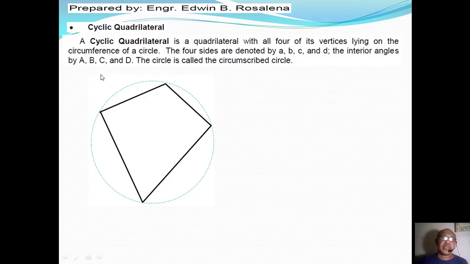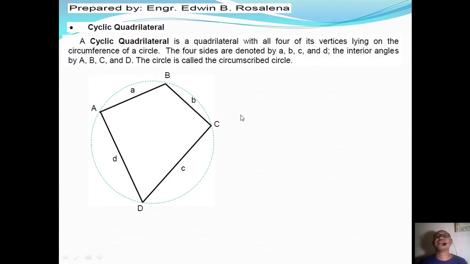Okay, so the vertices can be represented by big letters A, B, C, and D, and also this represents the interior angle at the vertices or the vertex angles. And then the sides be represented by small letters a, b, and c.